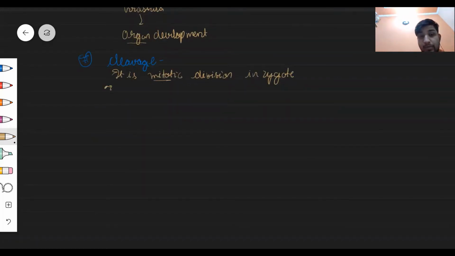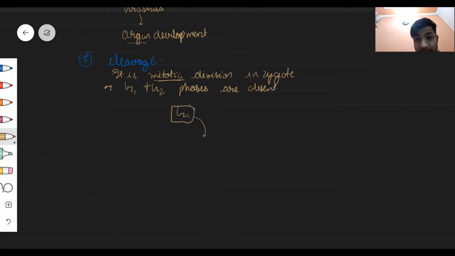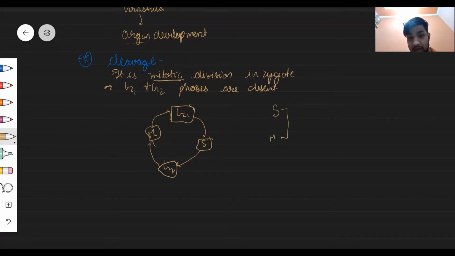It is different from the normal mitosis, as the G1 and G2 phases are absent. Normally, the cell goes in this manner: G1 to S phase, then to G2 phase, then to M phase, then G1 again if it needs to divide again. But here it goes S phase, M phase, S phase. No G1 and G2 phases are present.